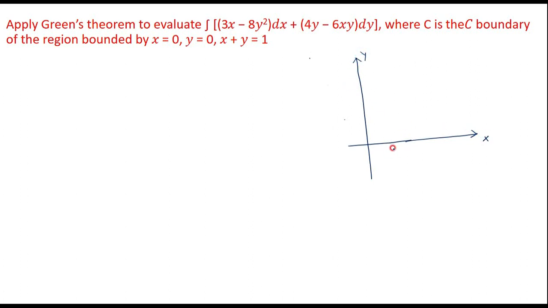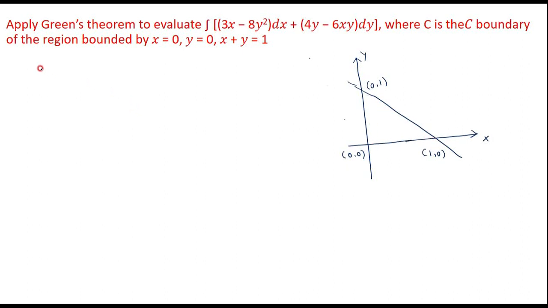Y equal to 0 is nothing but the x-axis, and x plus y equal to 1 is the line with x-intercept as 1 and y-intercept as 1. So this point is (1, 0), here is (0, 1), and this is (0, 0). So we need to evaluate this over the curve C, which is this triangular region.